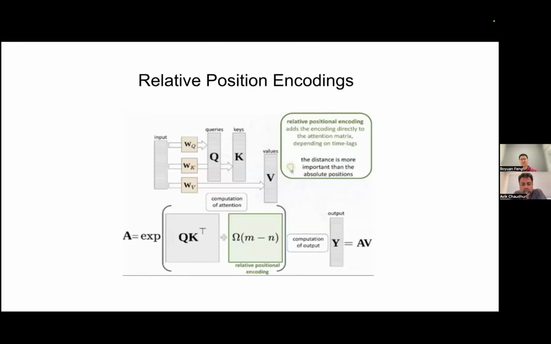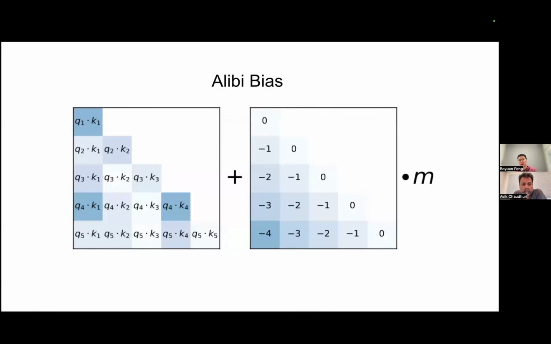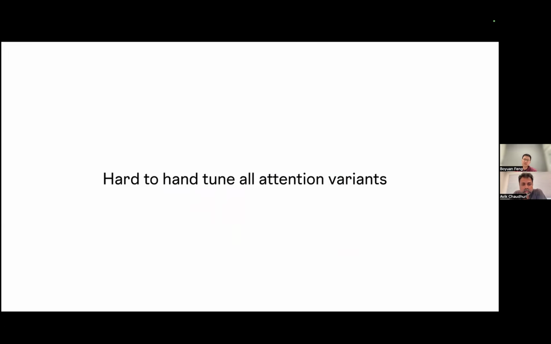Also, people may want to encode the relative position of two tokens into the attention, or the ALiBi bias, which multiplies this relative distance with some other trainable bias. So we have lots of different attention variants, but it's very hard to hunt down and optimize all of them.